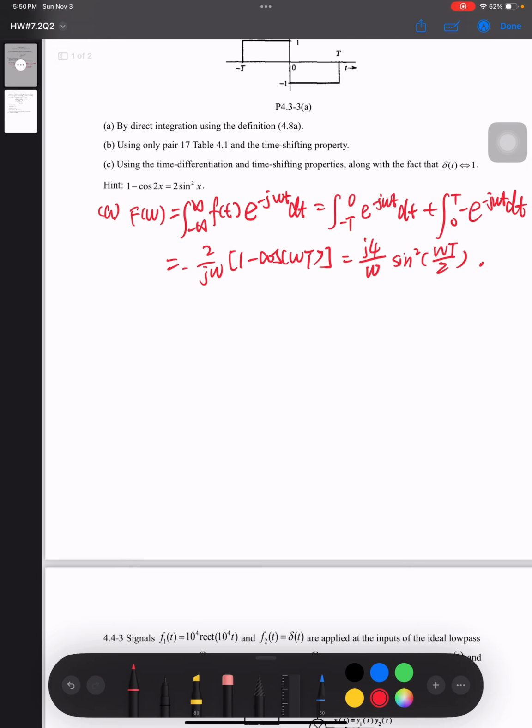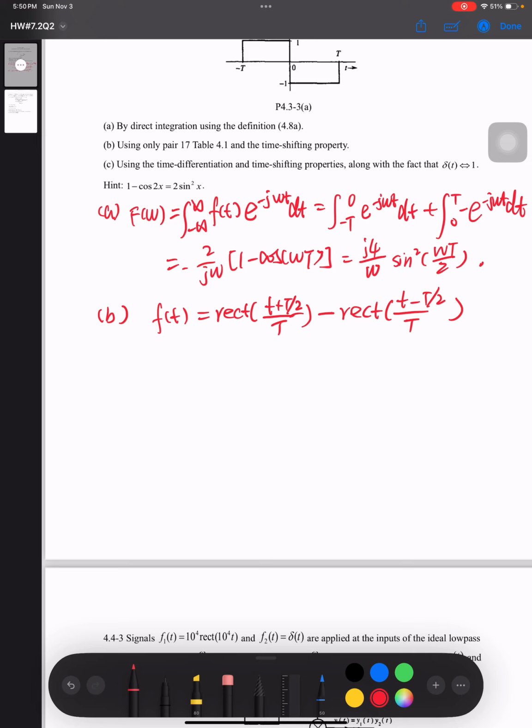For the second method, first let's write the f(t) function, which is two rectangular functions: rect of (t minus T over 2) plus, because this one is negative, minus rect of (t plus T over 2).